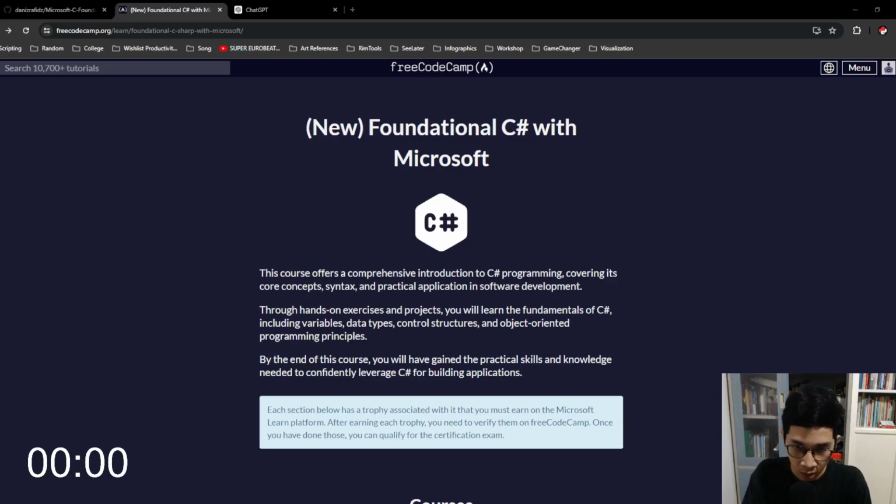And then we also learned about concatenation, combining literal strings and variables with concatenation. But I think that's an old method.